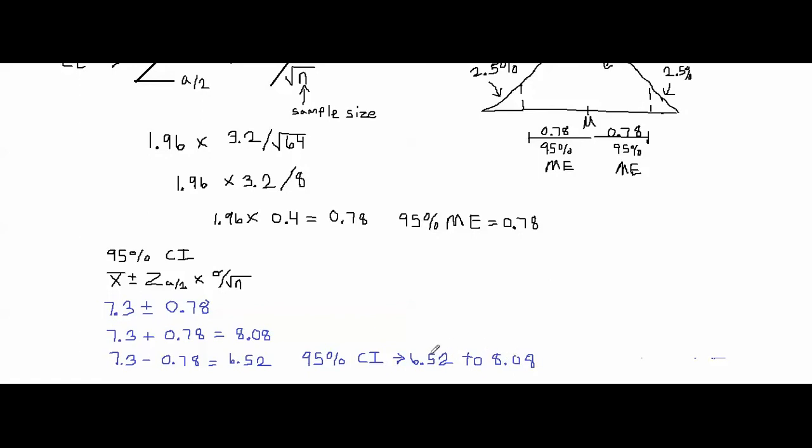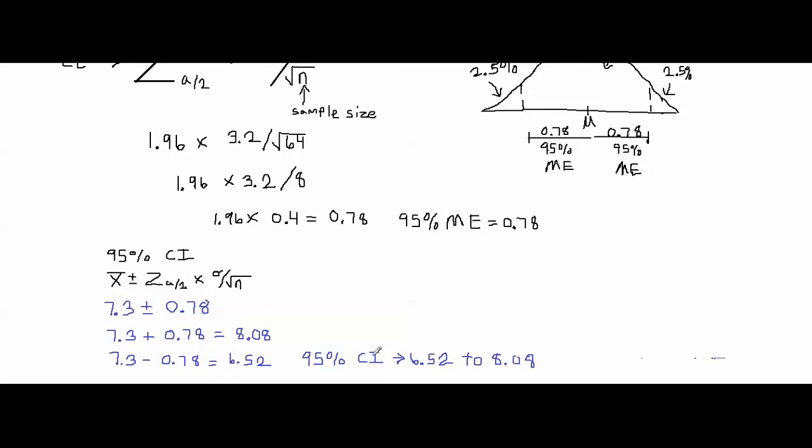So in this study, my final conclusion would be that I think the population mean is somewhere between 6.52 and 8.08. When a person is using a sample mean to estimate a population mean, their final conclusion is that they think that the population mean is somewhere inside of the confidence interval that they've created.